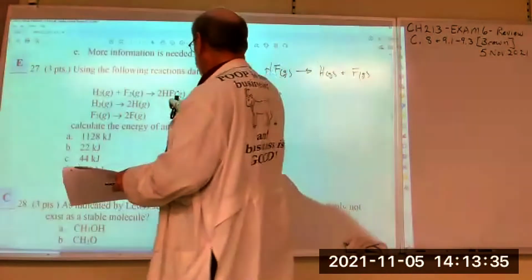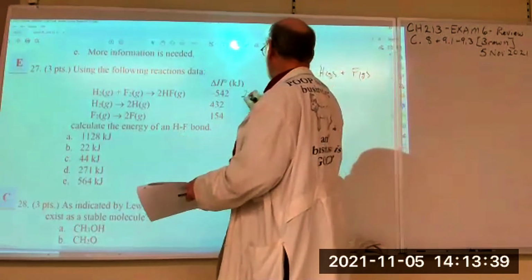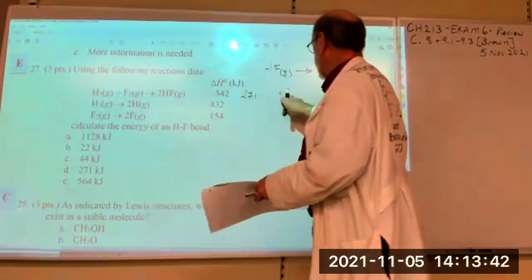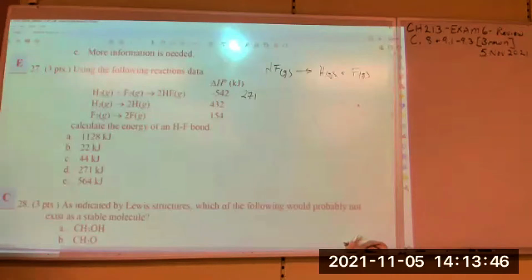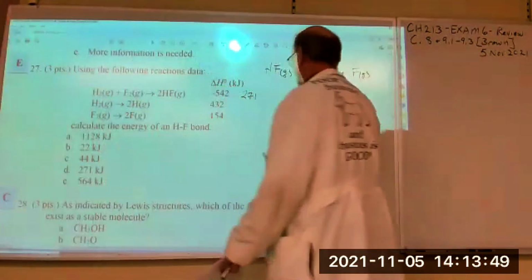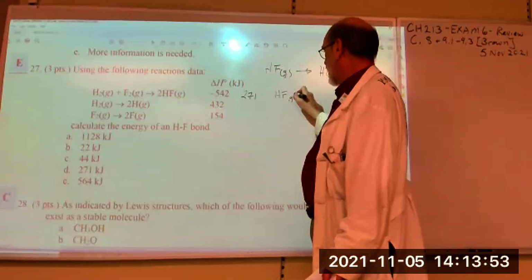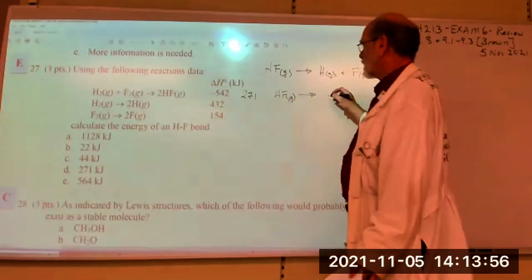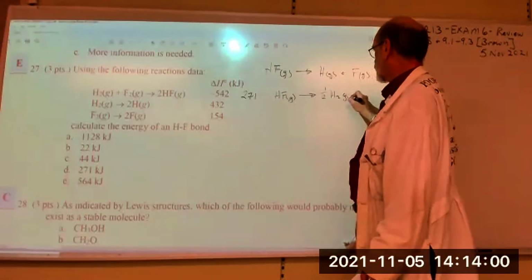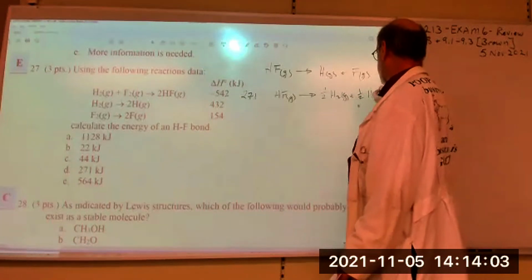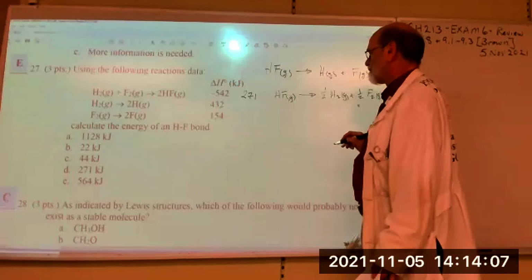So we need to flip this one and take half of it. So where did I say that was? 271, right? 271. And the equation that comes out of that is HF gas on this side yields 1/2 H2 gas plus 1/2 F2 gas.